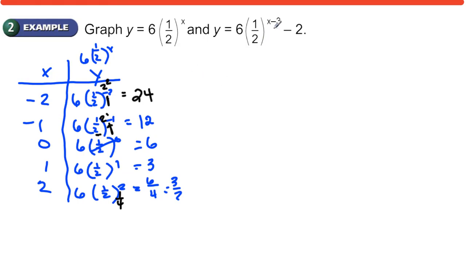Okay, what this means, this is a horizontal shift. And we go opposite of the sign. So we're going to go not 3 to the left, we're going to go 3 to the right.